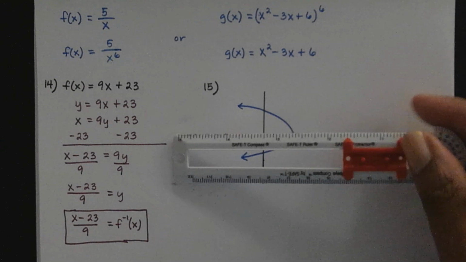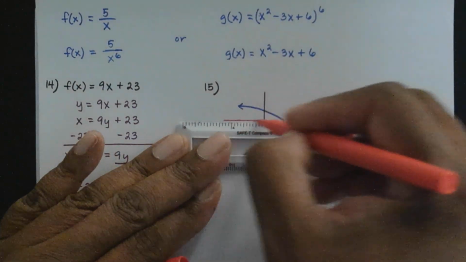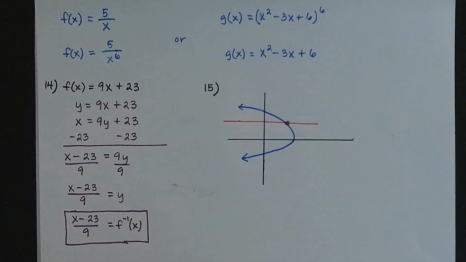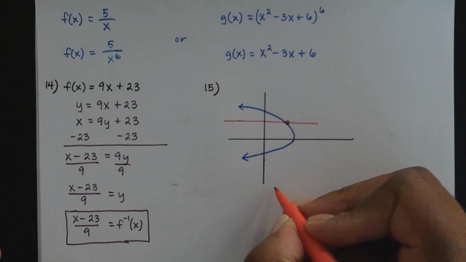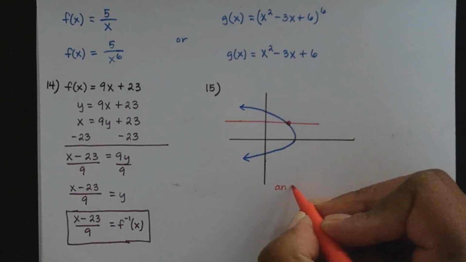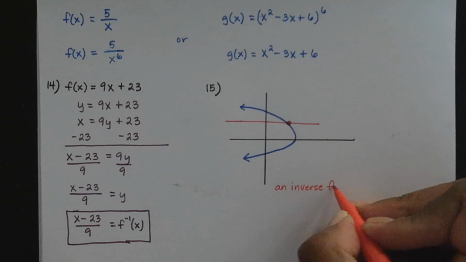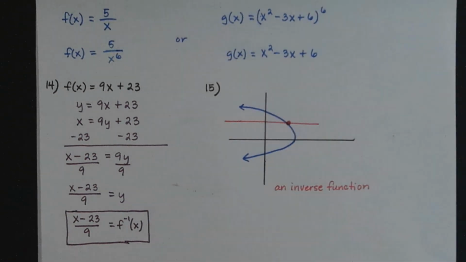So would this have an inverse function? It would. It's only crossing the graph at only one place. So this has an inverse function. Okay. All right, are there any questions about problem number 15?